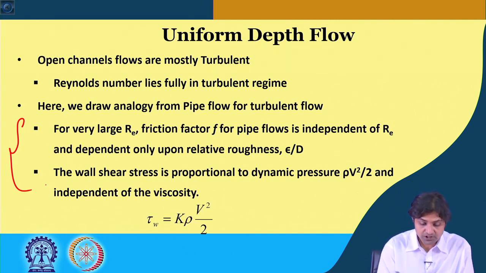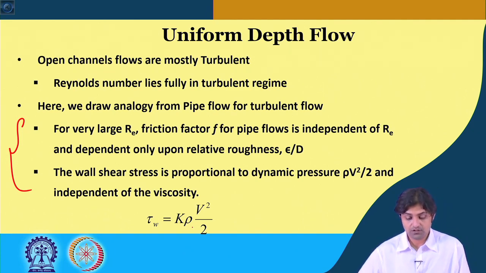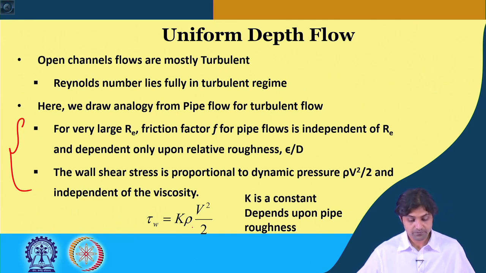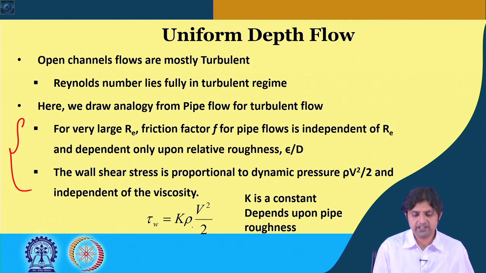So, using this analogy we can say that tau W can be written as k into rho into v square by 2 g. K is a constant, and it depends upon the pipe roughness, but this is just an assumption.